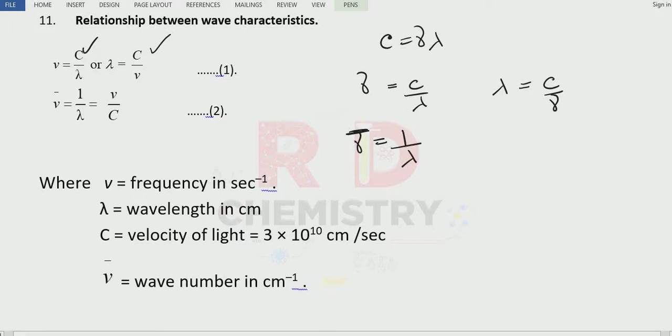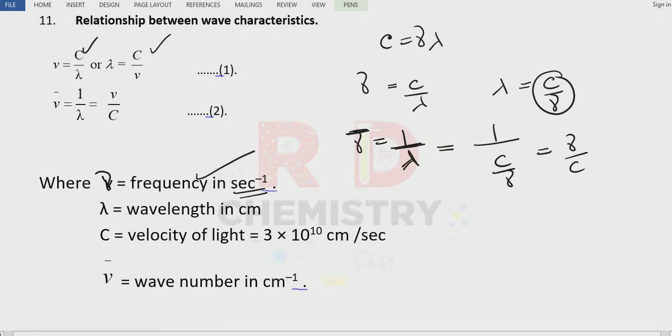So nu bar, the wave number, which is the reciprocal of the wavelength, is also equal to 1 divided by c by nu, so it can be written as nu divided by c, where nu is the frequency in second inverse, and lambda can be in centimeters or meters.